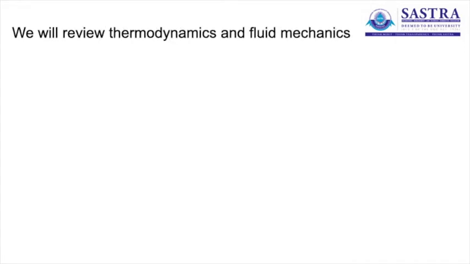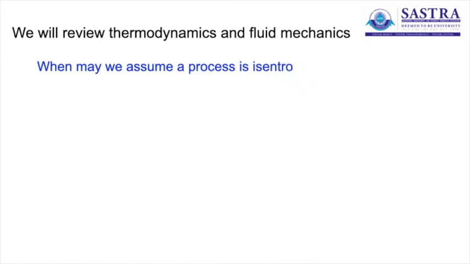We'll start by reviewing what we learned in earlier courses on both thermodynamics and fluid mechanics. We remember learning about a property called entropy and about treating a process as isentropic. We will see when it is reasonable to assume an isentropic process.